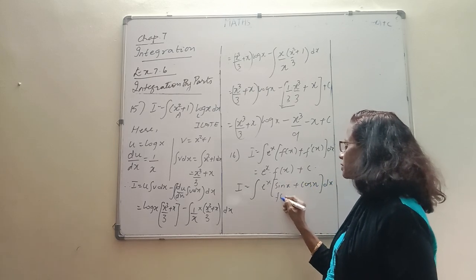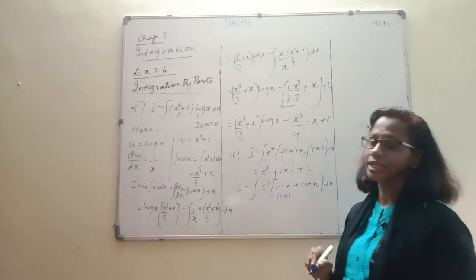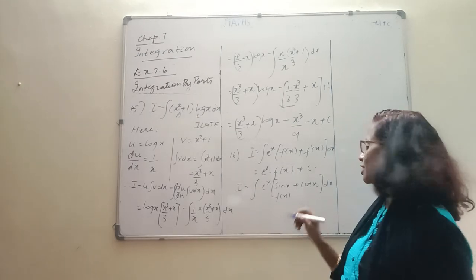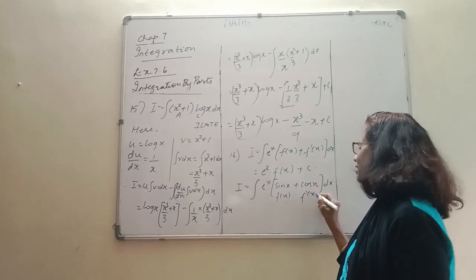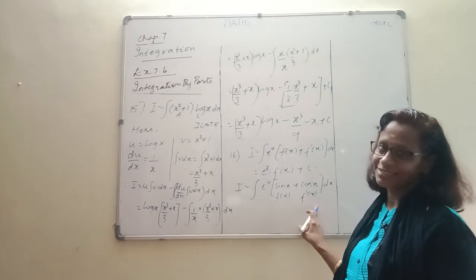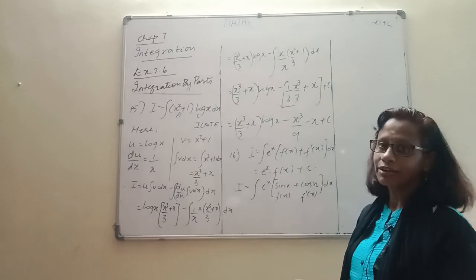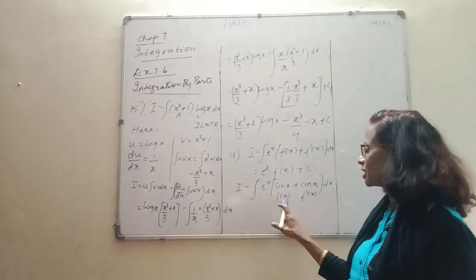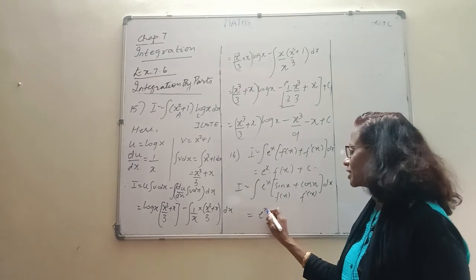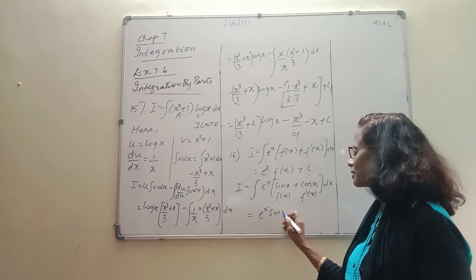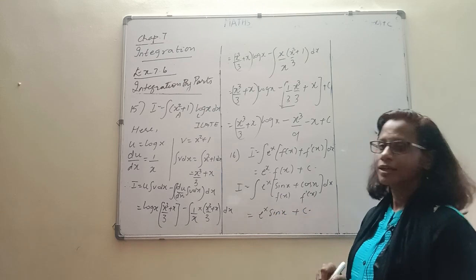If your function is sin x, we all know that the derivative of sin x is cos x. So here you have f of x and f dash x. As I told you, if you have a function like this, we don't have to hunt for the integral. Your answer is going to be e raised to x times f of x, which is e raised to x sin x, plus c. That's it.